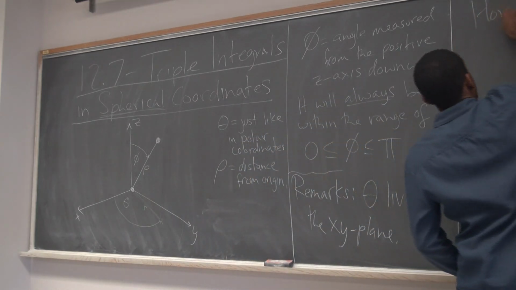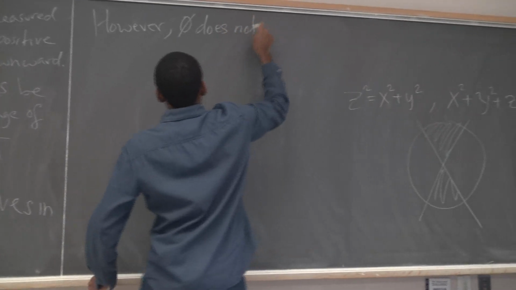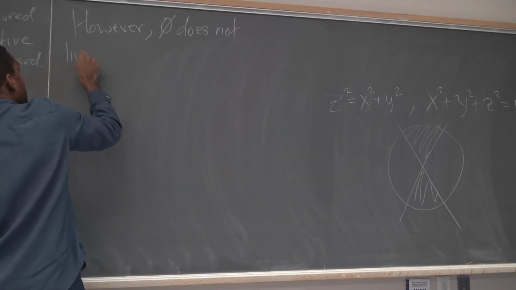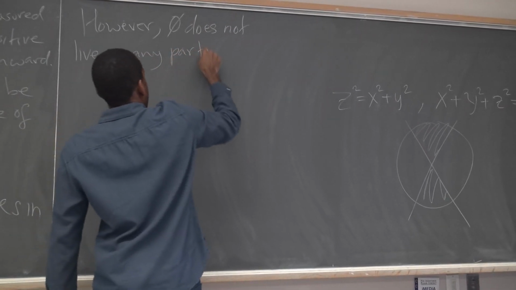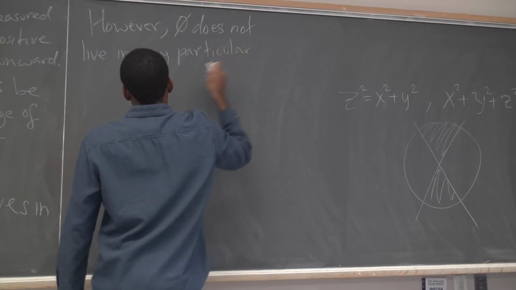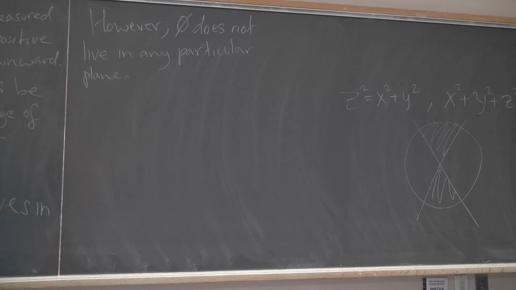However, phi does not live in any particular plane. I'm going to talk about what everything is setting up, so I just want to describe our new concept of the world, right?